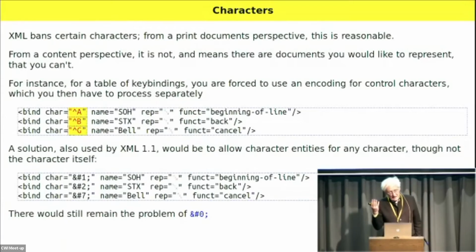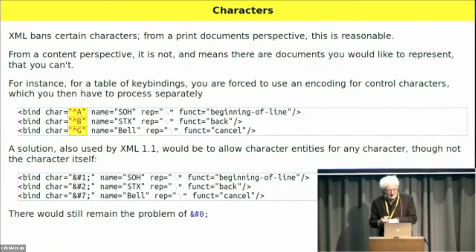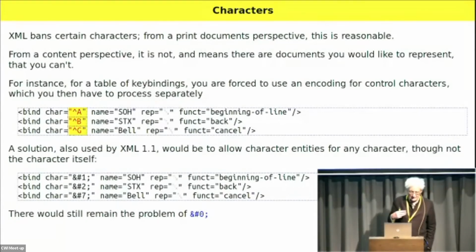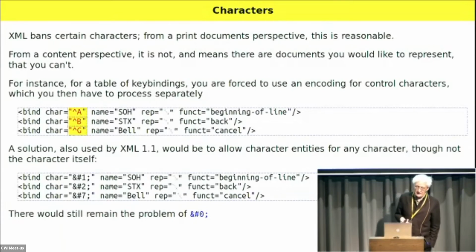For instance, if I want to make a table of key bindings, just to name something, I'm forced to encode those banned characters in a different way in order to include them in my content. And that means that I have to process them to get them in, and I have to process them to get them out again. So I have to do something like hat A when I actually just want to put the character 1 at that point.